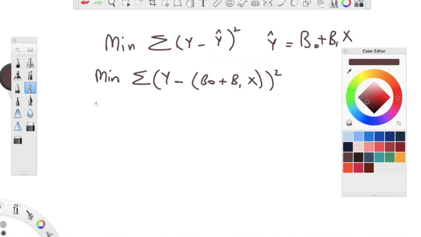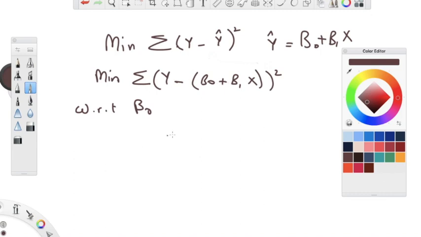So if you've covered any kind of optimization in your maths or stats classes, this is what you must have learned. So we'll start off by differentiating this term with respect to beta naught. So we differentiate with respect to beta naught first, and after that we'll differentiate it with respect to beta 1.